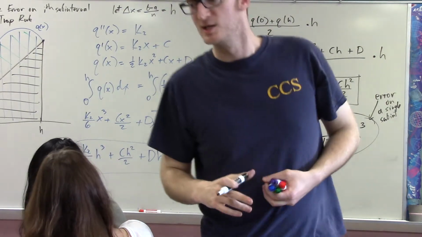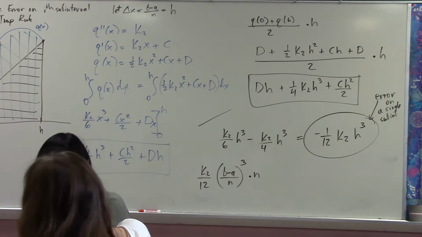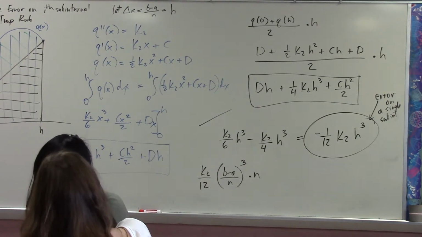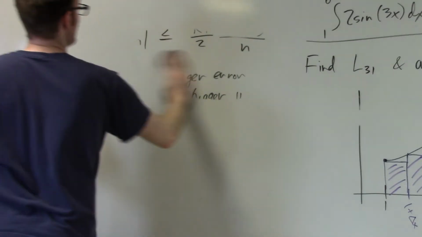After doing this whole calculation, what I end up with is a formula for the error you get from using the trapezoid rule. And here is the formula.